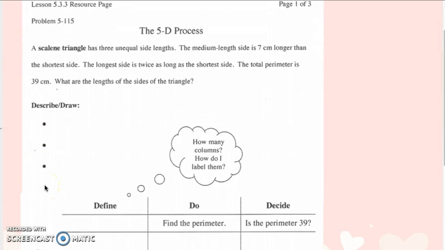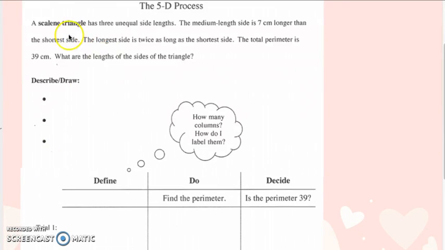So on your resource page, you see that the problem is written for you, and then you need to work on the describe and draw. So in the describe and draw, you are describing what you know about the problem, and then you can draw a picture to help explain your thinking. So something that we know in the problem is that there are 3 unequal sides.